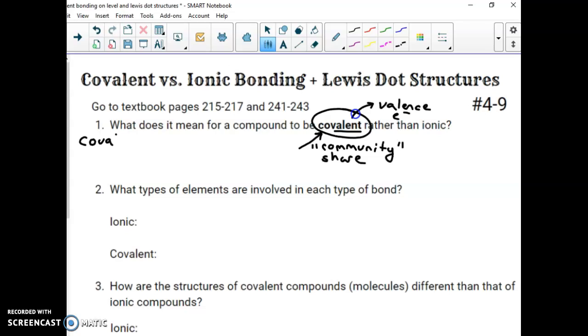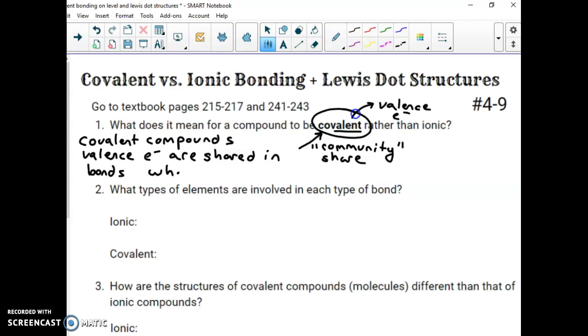Covalent compounds are situations where valence electrons are shared in their bonds, where in the previous case, ionic compounds have that give and take.